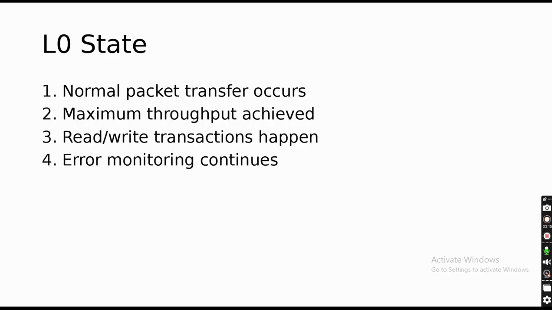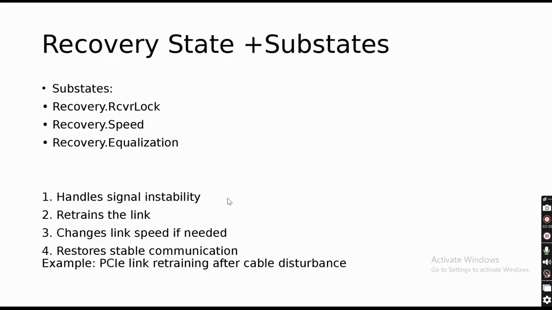For example, after the detect state we saw the polling state, then it goes to the configuration state. When the link reaches L0, the CPU will start sending actual read-write transactions to the GPU or SSD. So this is about the L0 state.